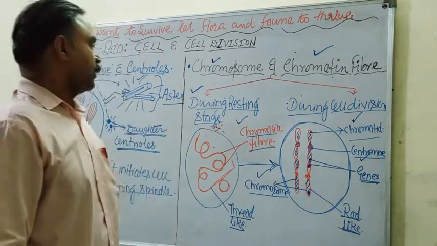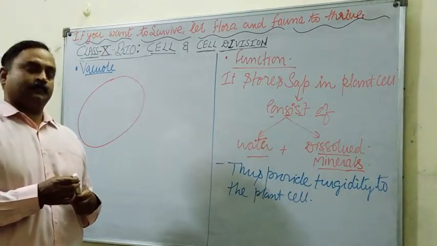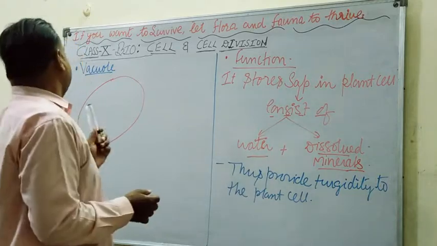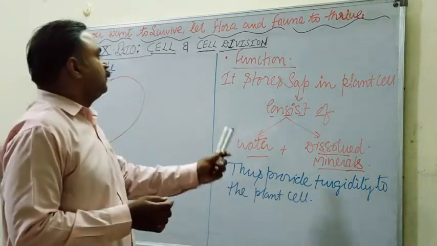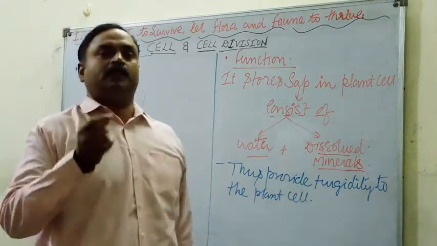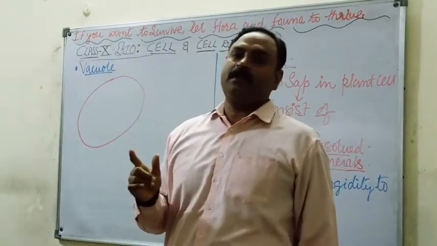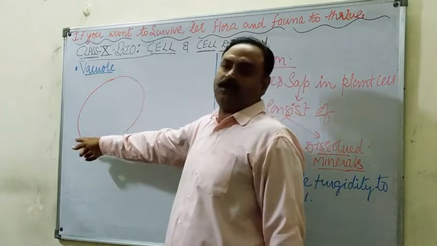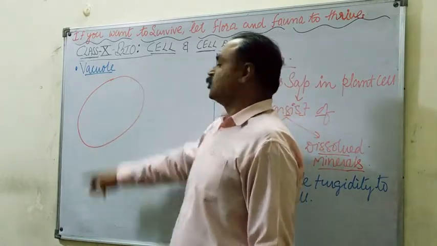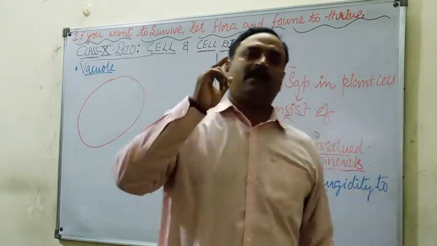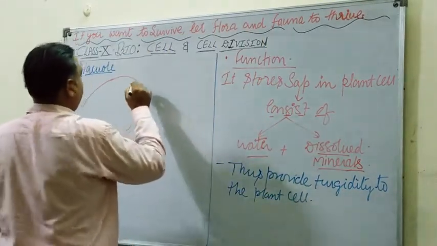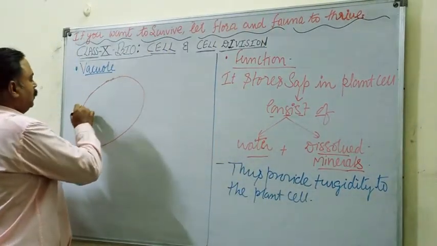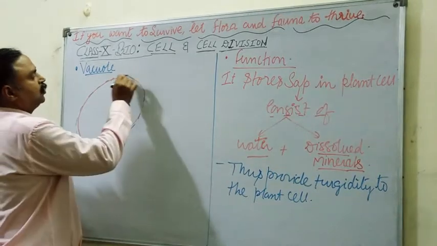Now children, the next cell component which we are going to study is vacuole. It is not a cell organelle because it is not bounded by two membranes, but it is bounded by a single lined membrane called tonoplast.